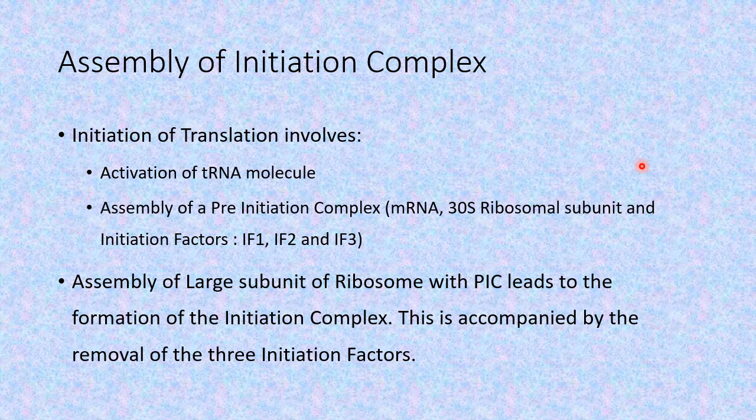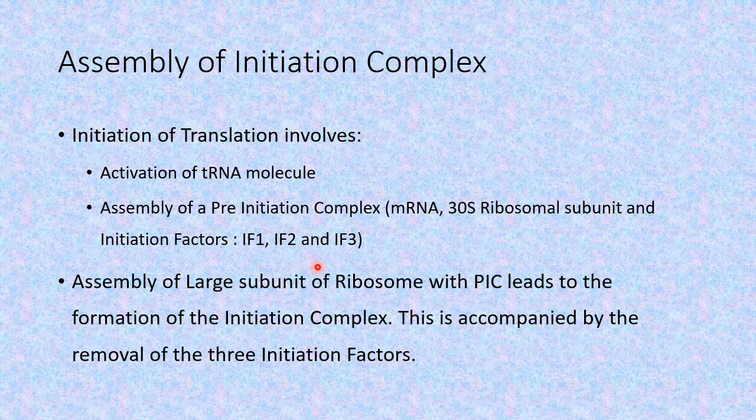Basically, at the point of initiation, since initiation is the point of a process in which the entire machinery gets going, for the purpose of translation we can divide this process of initiation into activation of the various molecules involved, the activation or the charging of transfer RNA, and the formation of the initiation complex.